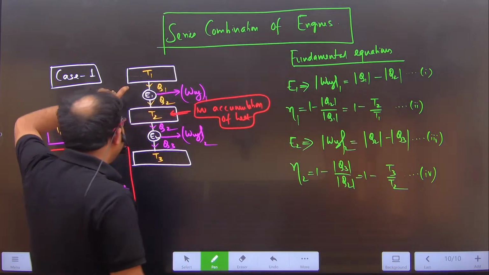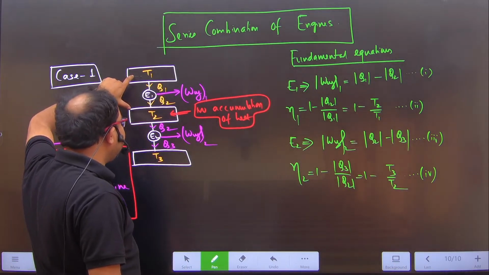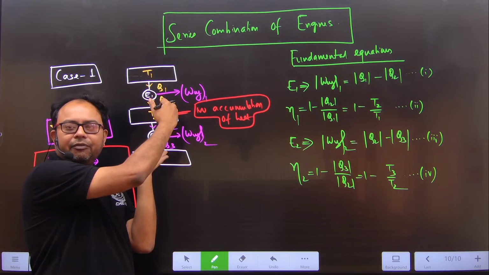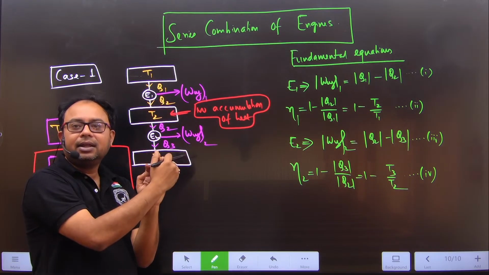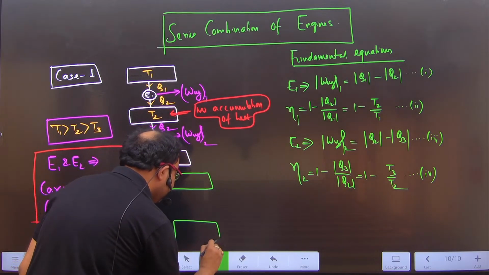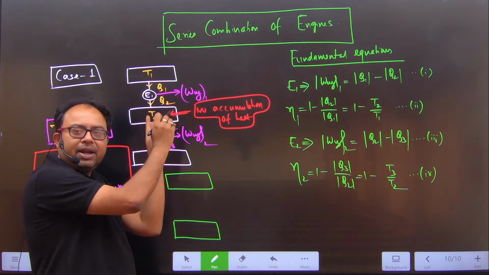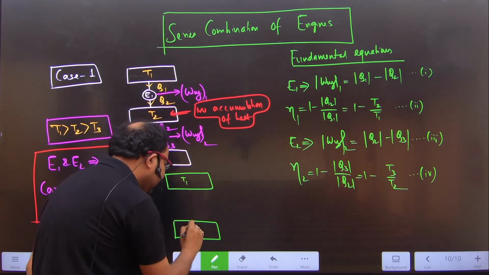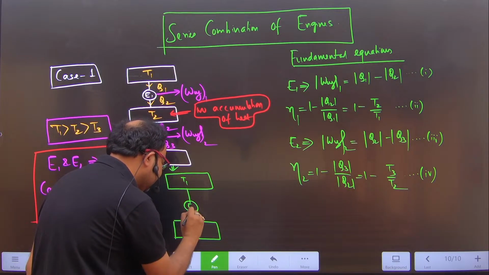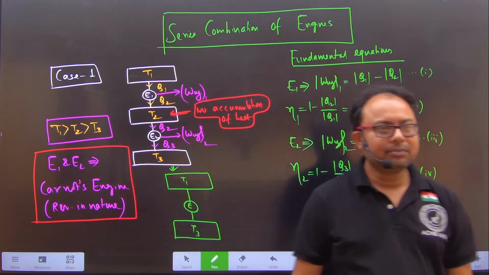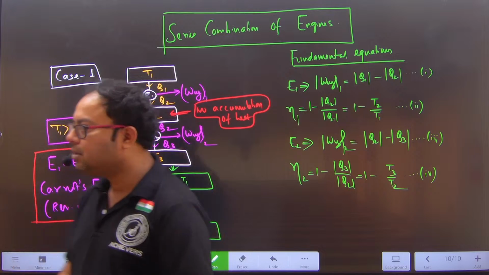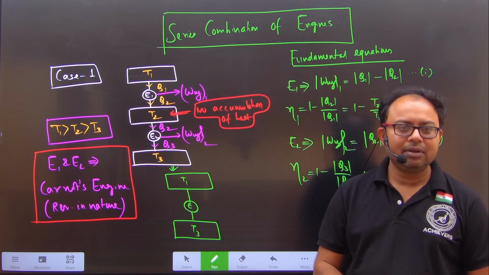Now, if we replace this entire combination by a single engine, that is, I am connecting T1 and T3 by a single engine E, then what is going to happen?